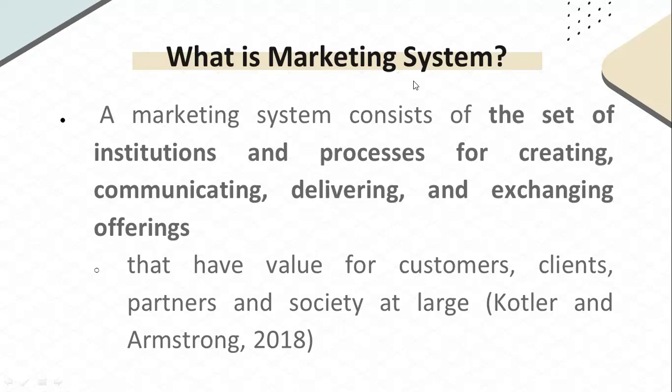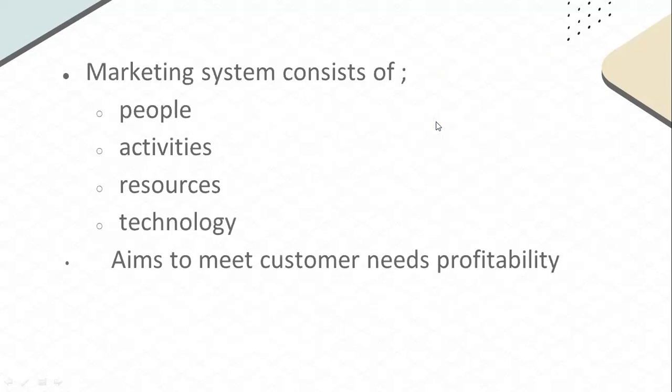So this entire system contains what? The institutions plus the processes, right? This marketing system may consist of people, the activities, the resources, and technology. In my marketing system there are people who help with the marketing, activities you do for the marketing, and resources and technology you use to produce the product and do the promotion.